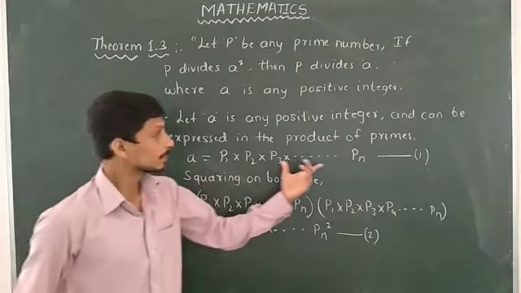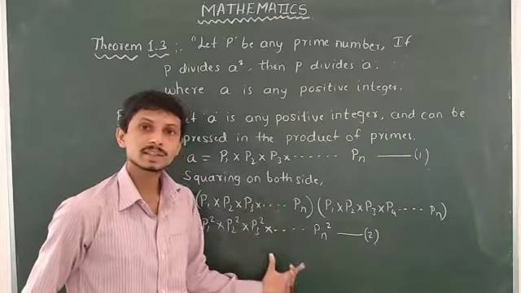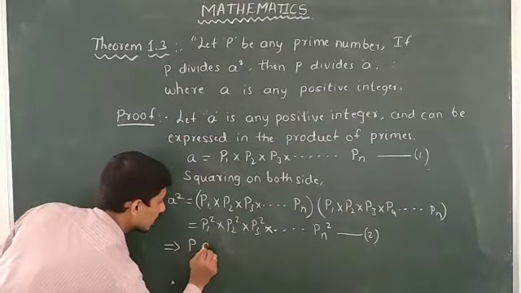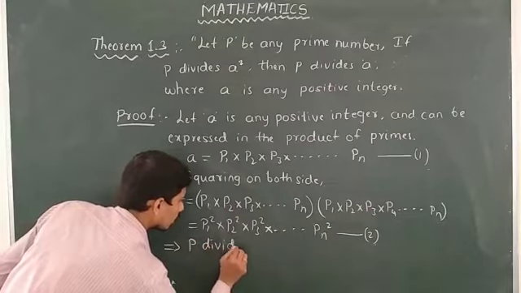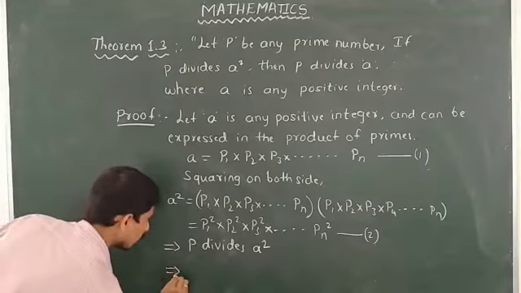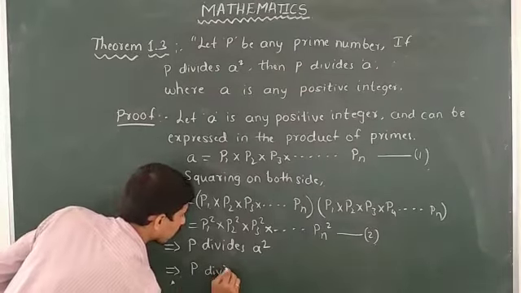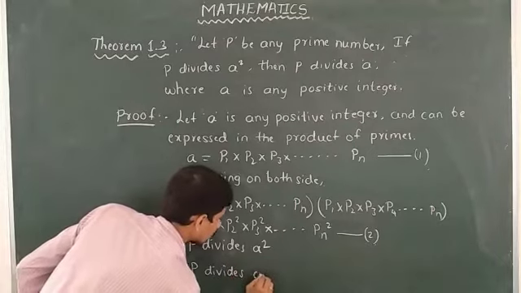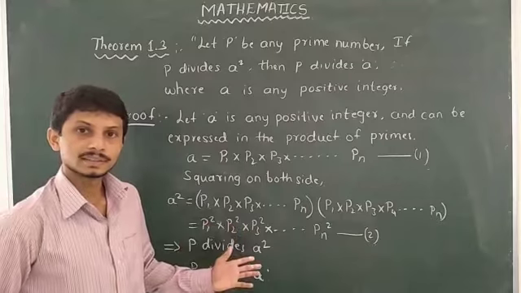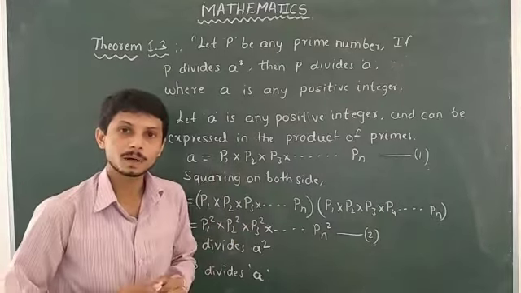Here P divides A, and here P also divides A square. That means P divides A square, and we also come to the conclusion that P divides A also. So this is the proof of this statement, theorem 1.3.